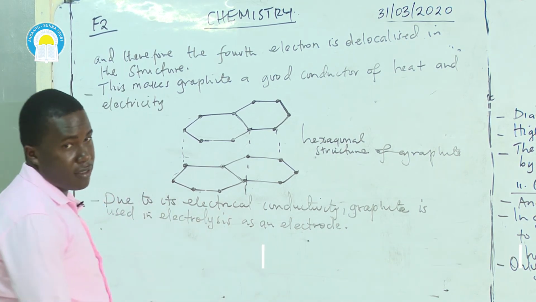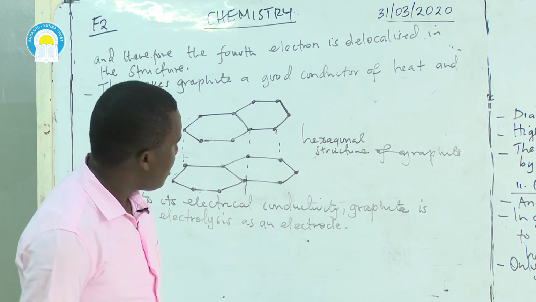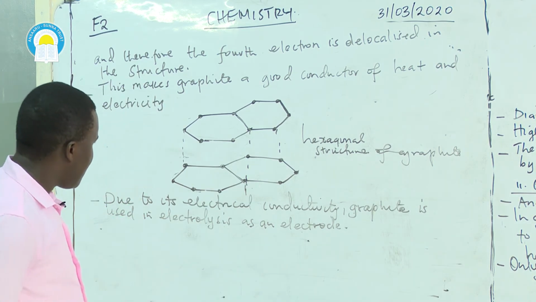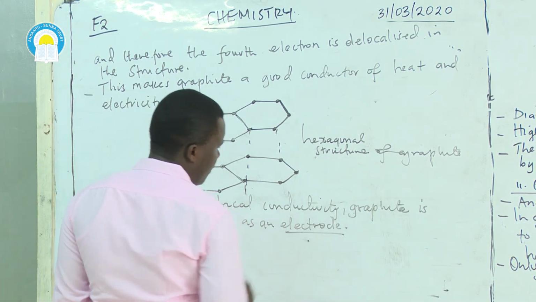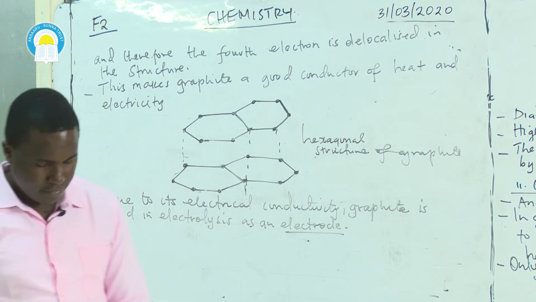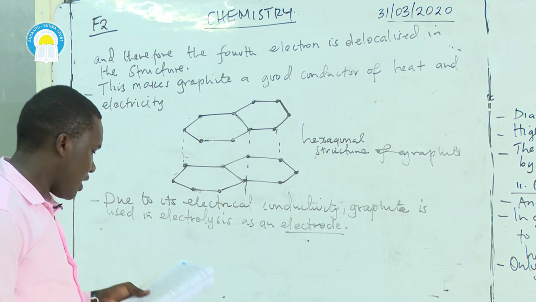This is very important. Most of the electrolysis processes use graphite as an electrode, the cathode and the anode, because of its electrical conductivity.